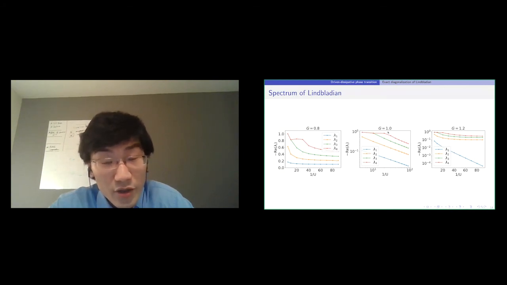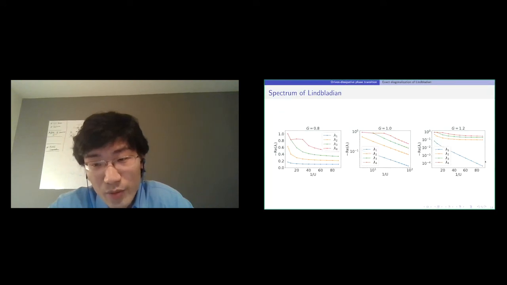And then at the critical point, the spectrum will become gapless because there will be a lot of eigenvalues that have 0 decay rate. And then above the critical point, the system is still gapped, but there's one eigenvalue that approaches 0 exponentially fast as 1 over U goes to infinity.